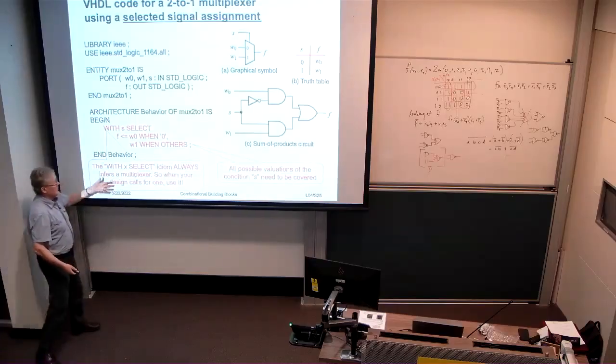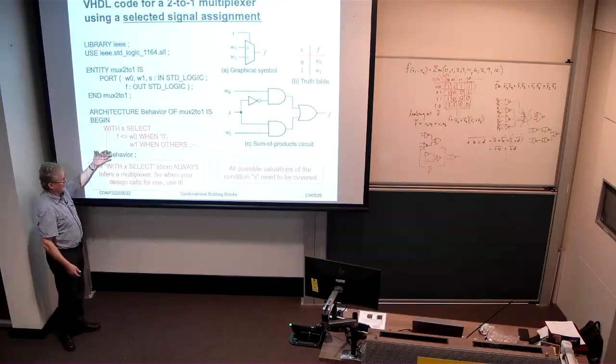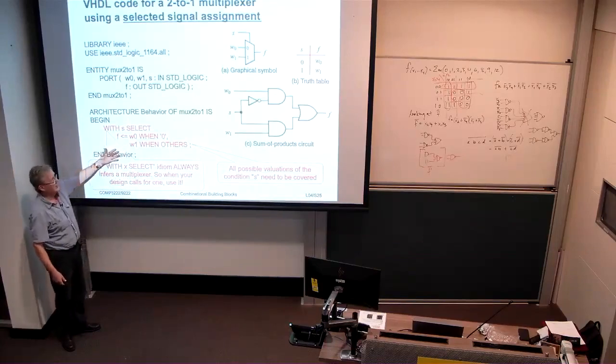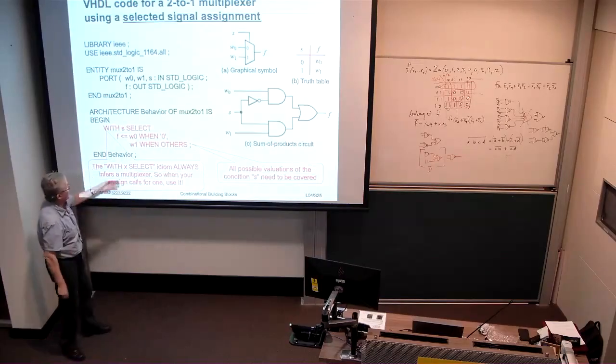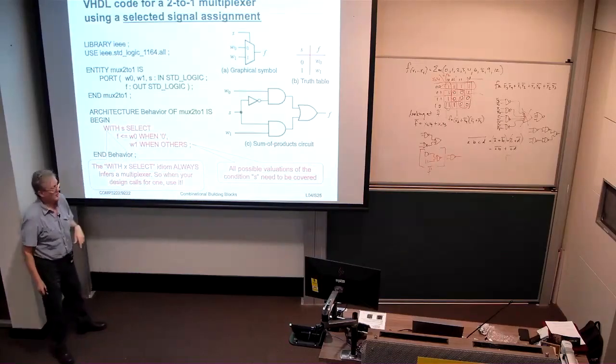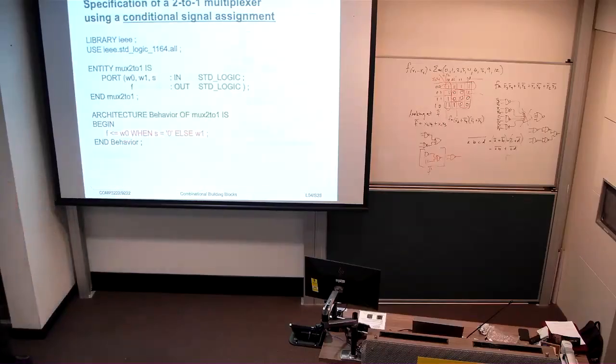I indicated to you that if your design requires a mux, then this is one of the ways that you should really describe it. You shouldn't describe it at the structural level. It's not required. You can use a selected signal assignment statement like this.